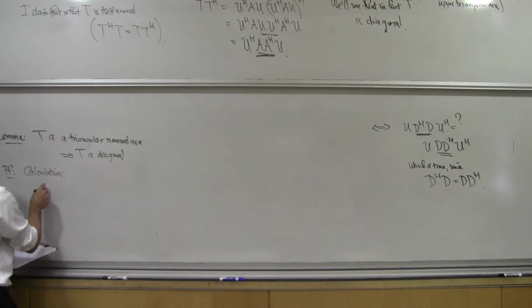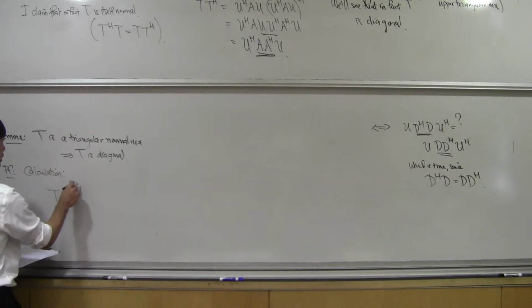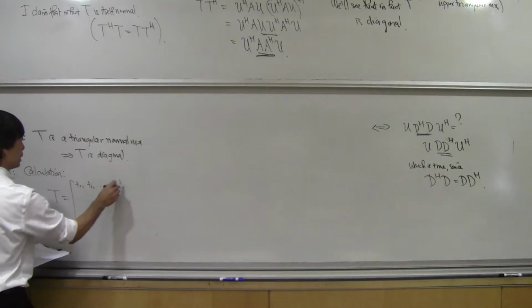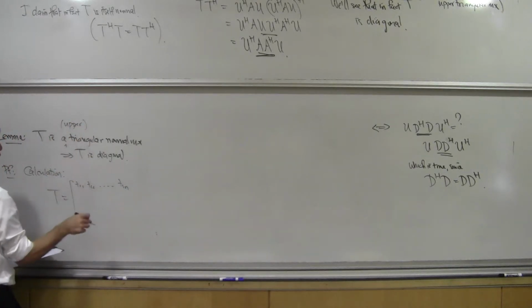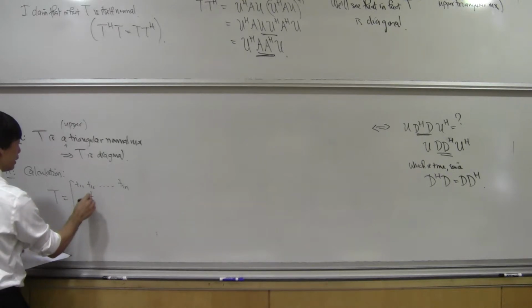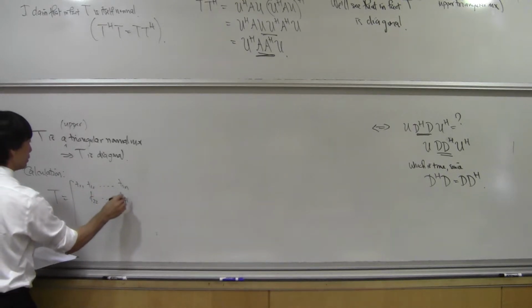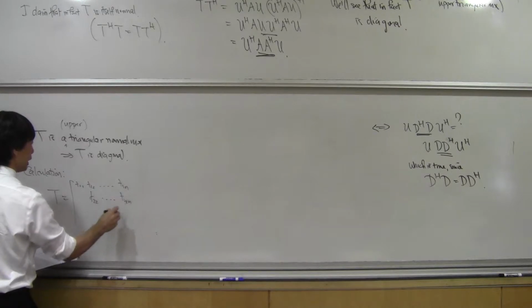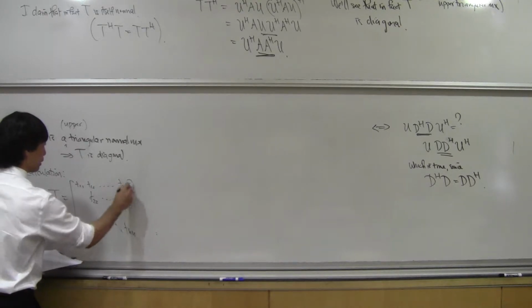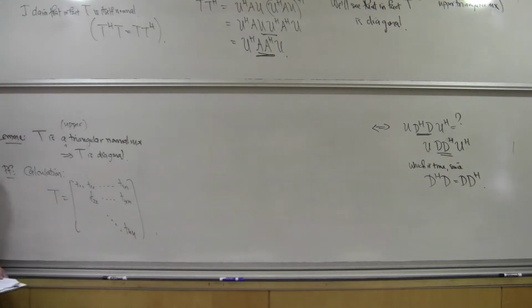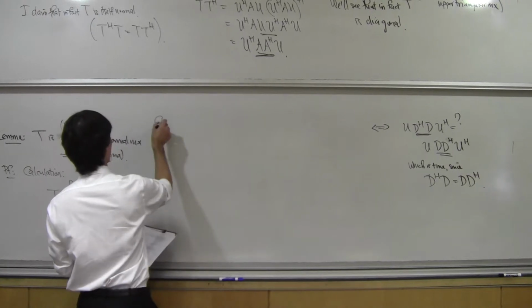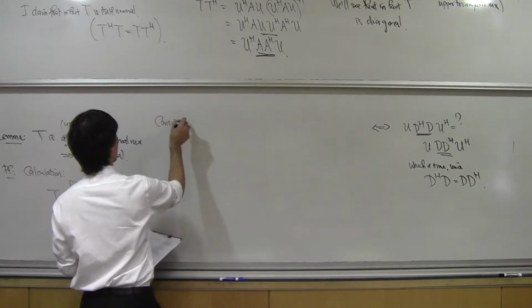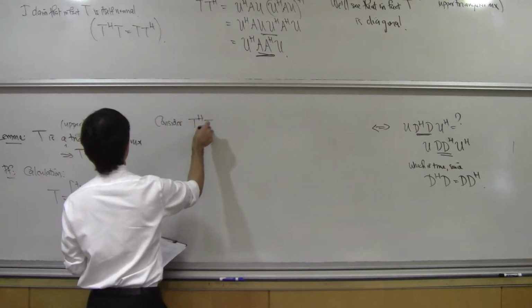We know that T looks like this: T11, T12, T1n. So let's say it's upper triangular: T22, T2n, Tnn. Okay, so let's consider T^H.